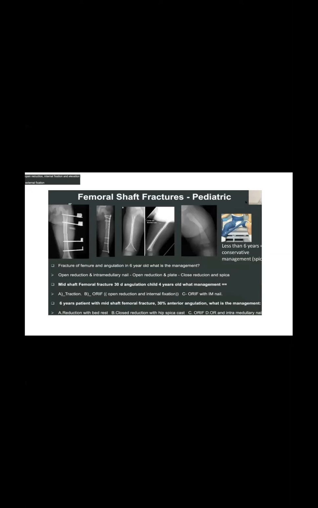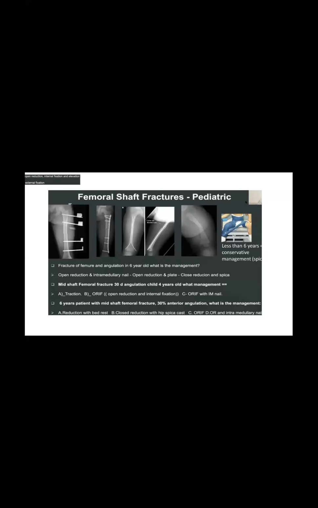For the mid-shaft fracture at 4 years, we can't do traction; we have to do internal fixation by intramedullary nail. There is no spica, no observation. Either intramedullary nail or ORIF. So the third question: shaft femoral fracture, 30-degree anterior angulation. Who can answer? Try to understand.